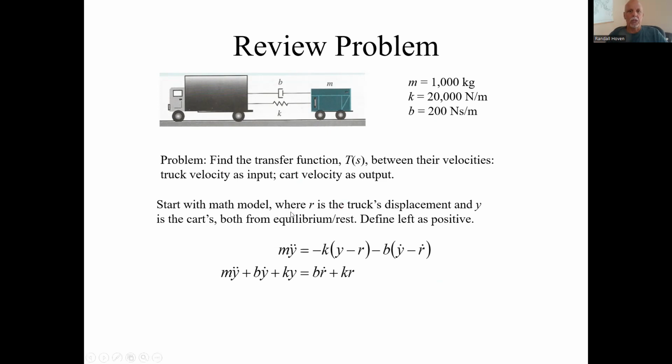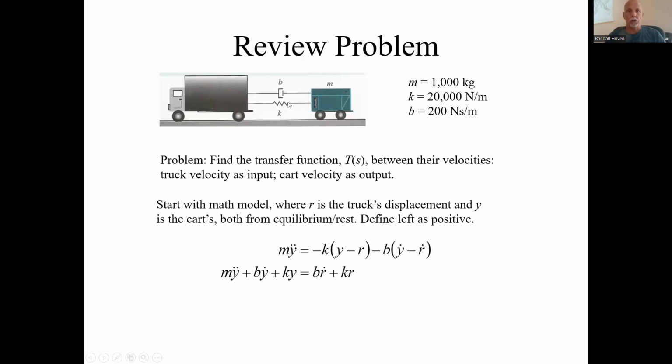Okay, so let's get started. We'll call the truck's displacement from its equilibrium r, like an input. We'll call the cart's displacement from its equilibrium y. Then we'll do our mechanical modeling. F equals ma. M is the mass of the cart. A, acceleration, is the second derivative of its displacement.